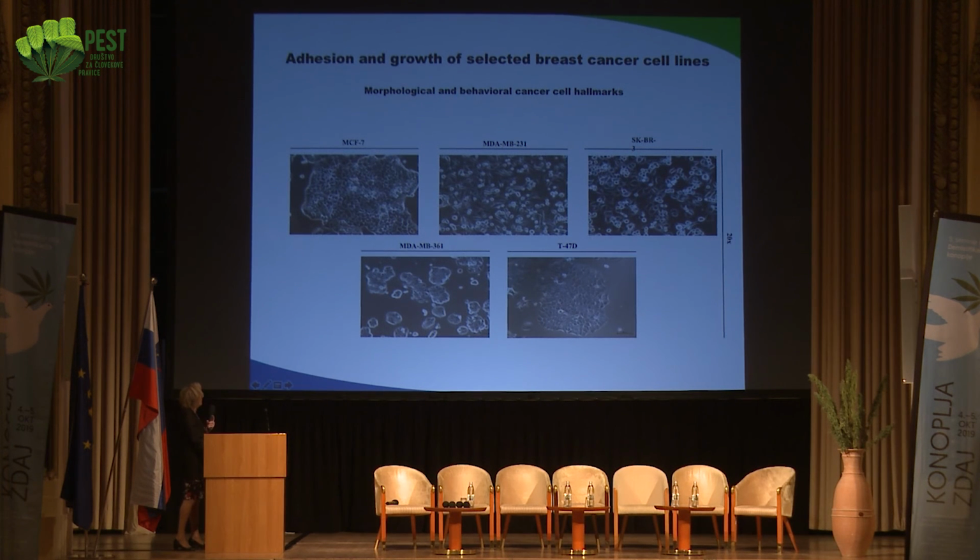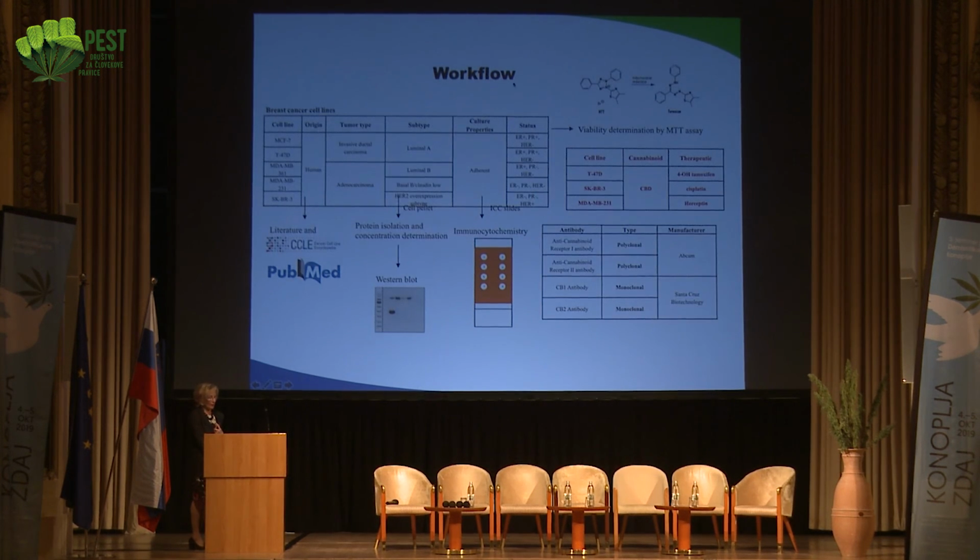What is really specific for these cells is that they represent different subtypes of the breast tumor. As you can already see here, they have different morphologies, so they certainly are not the same cells. These, for example, are obtained from breast metastasis, still breast cancer cells, but already at the metastatic site. And so we have the following workflow of what we investigate.